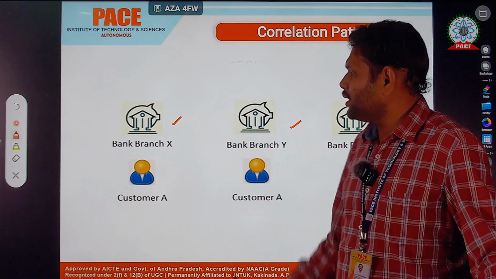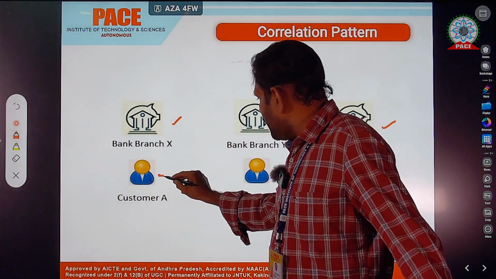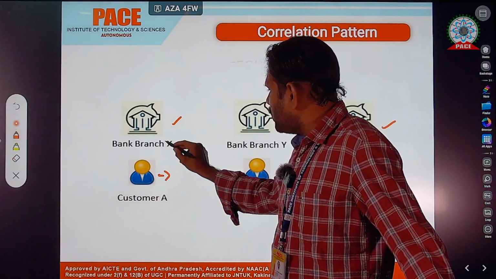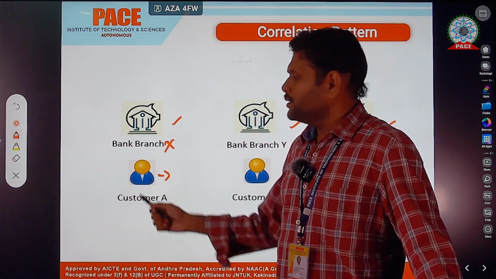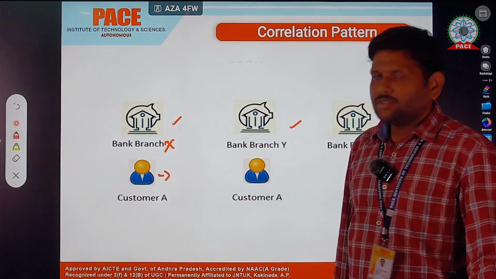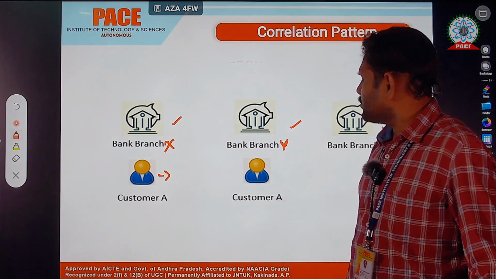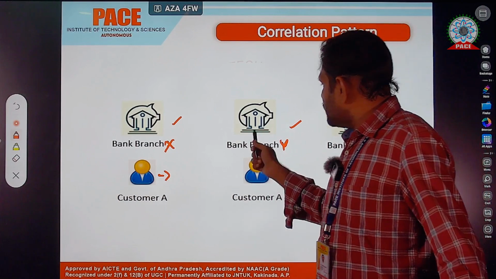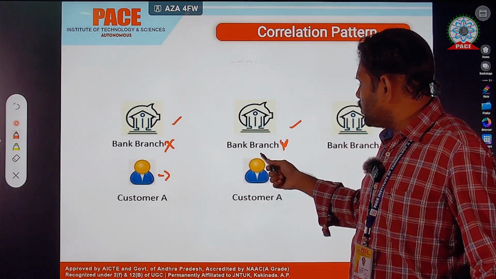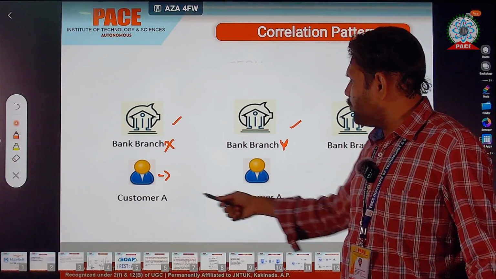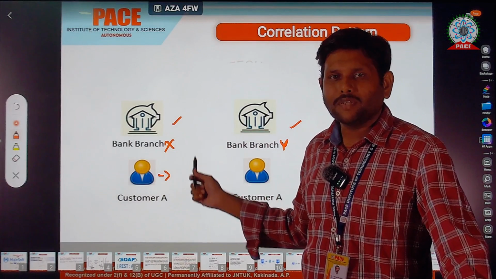Now what is happening here? Let's say customer A initially has an account in branch X. Then there may be a chance the customer will change to some other branch, like Y. Then for this branch Y of the same bank, there is no need to create a new record for the same customer, because this customer already belongs to the same bank, but not the same branch.